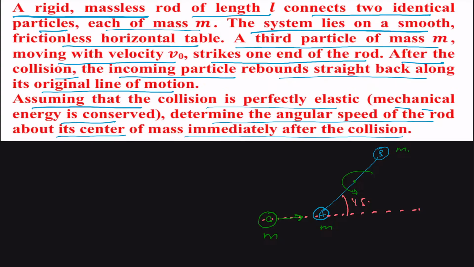This is the center of mass, and the position of the center of mass with respect to particle A, let us call this RA. So this position vector we are calling RA, and from B we are going to call it RB.